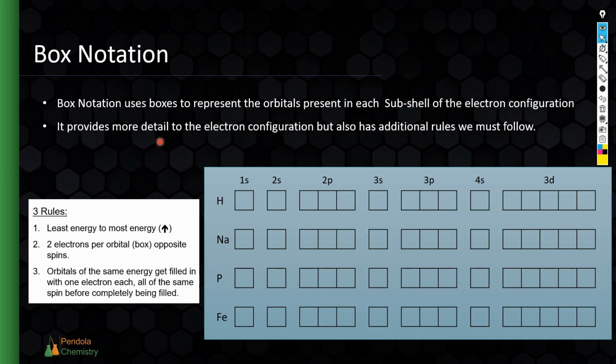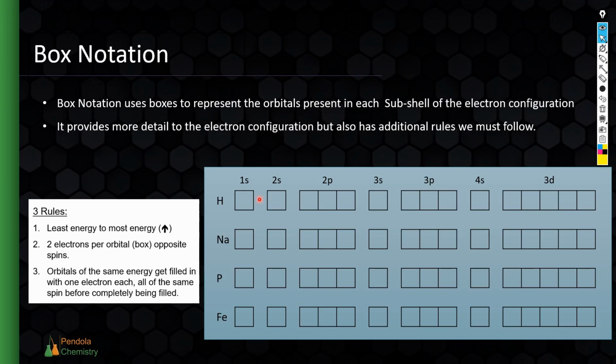But on top of that, it involves having how many electrons are in each orbital. In box notation, we're going to have those sublevels, 1s, 2s, 2p, 3s, 3p, 4s, 3d, in the same order that we did with the shorthand electron configuration. But we're going to have either below or above that squares that represent the orbitals.